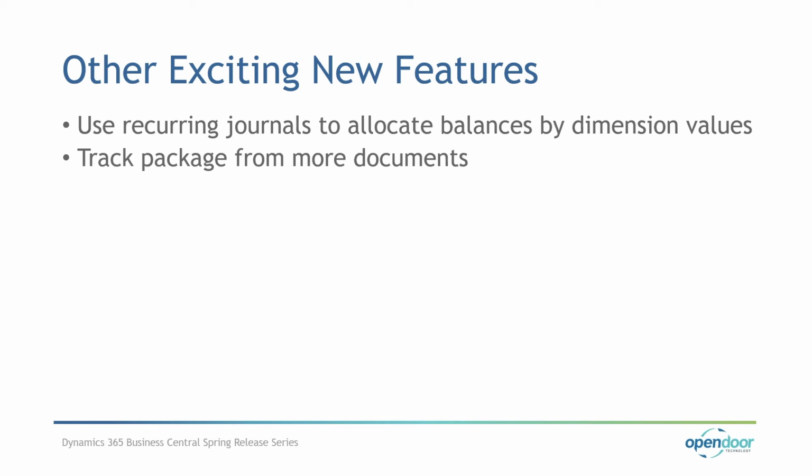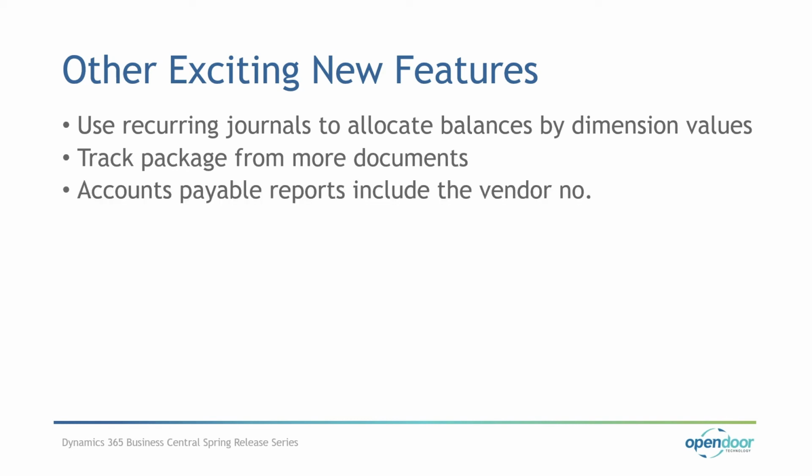There are new document layouts available for sales shipments and sales return orders, so you don't need a developer now to create a new report. If you want to modify those, you can use custom layout. Item reference has been extended. You now have 50 characters instead of 20.